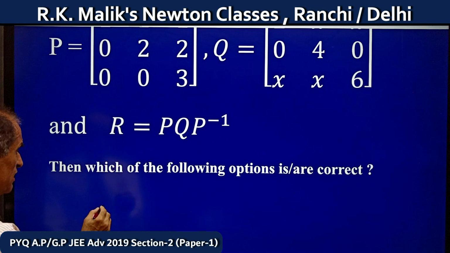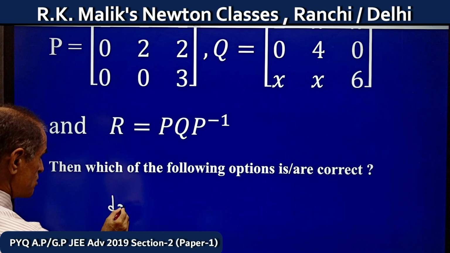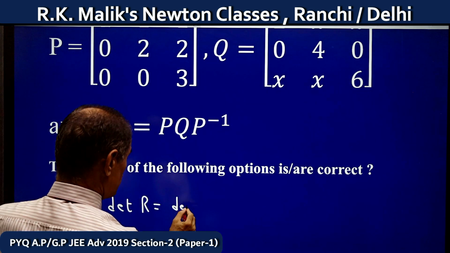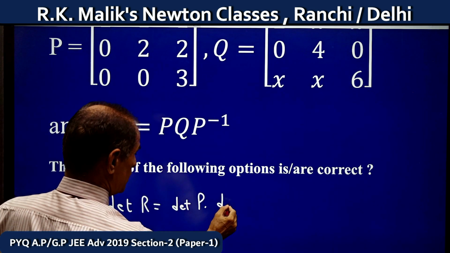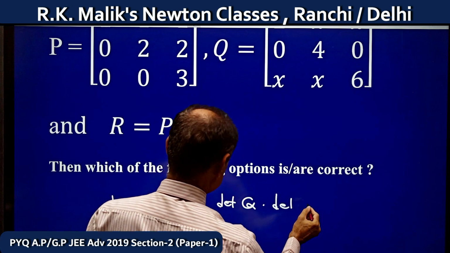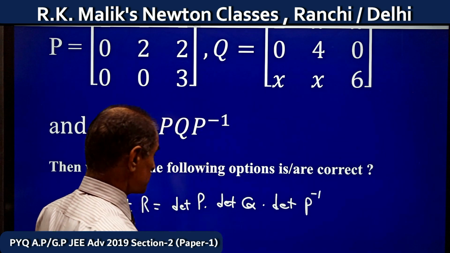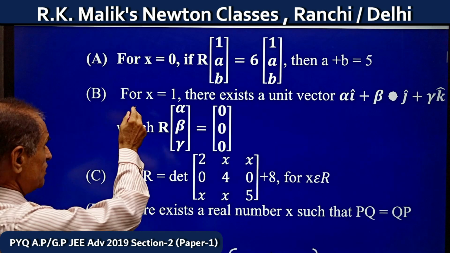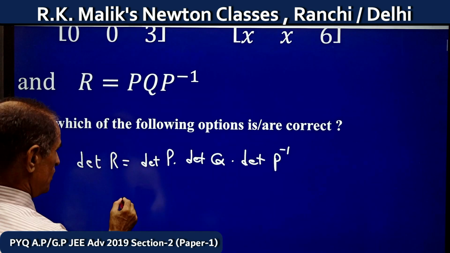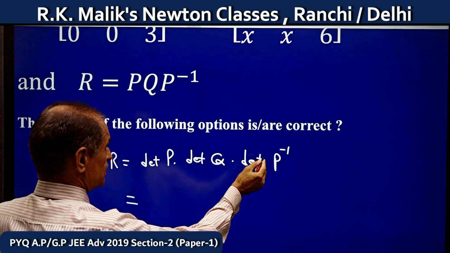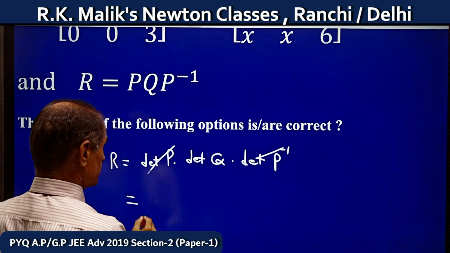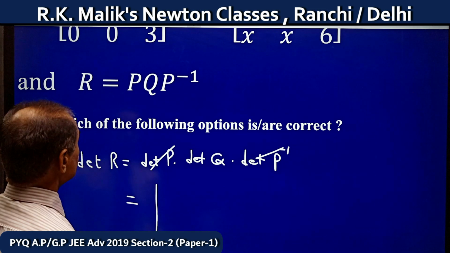And from here I can easily find the value of determinant of R as determinant of P into determinant of Q into determinant of P inverse. Note that in this choice we have supposed that x is 1, and now determinant of P inverse means 1 upon determinant of P, therefore this will get cancelled.